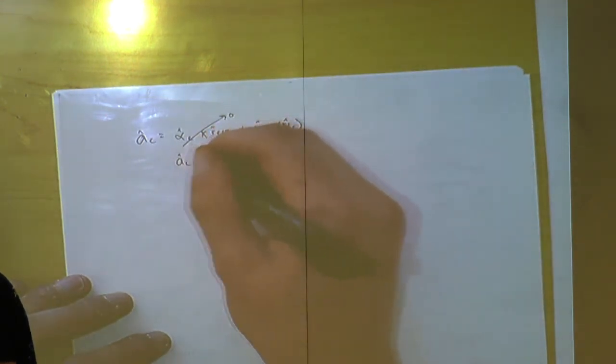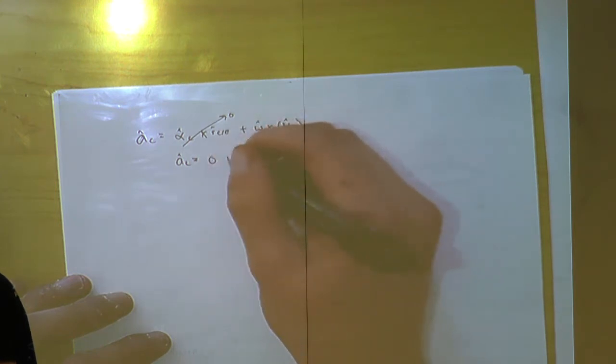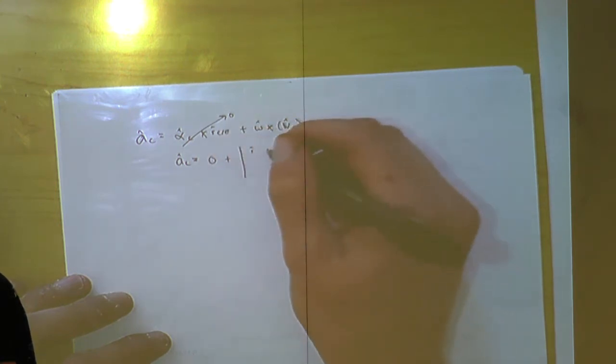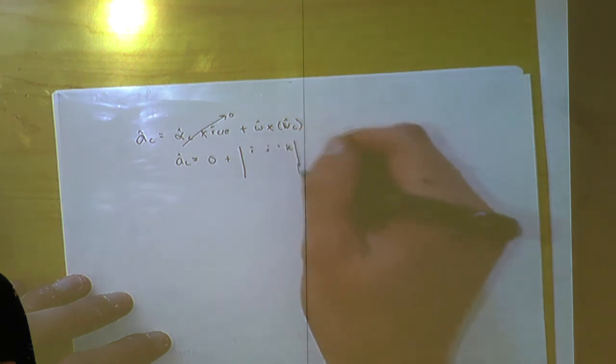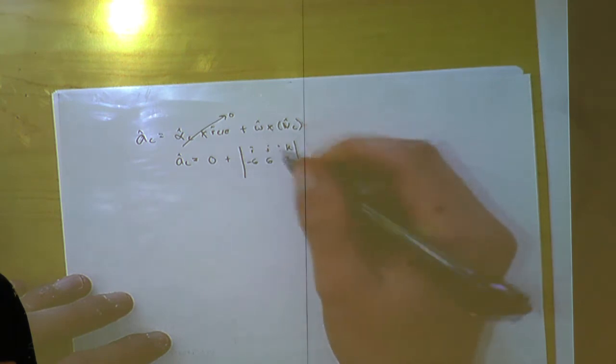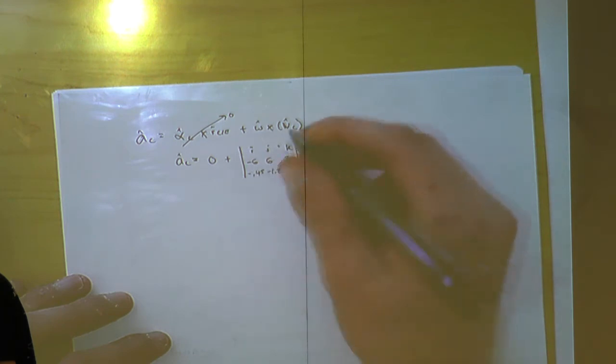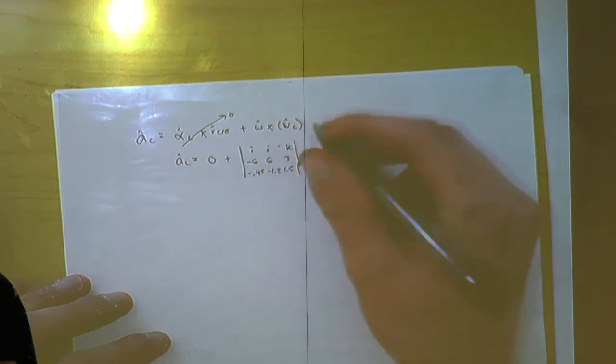So aC is equal to 0 plus i, j, k, negative 6, 6, 3, negative 0.45, negative 1.2, and 1.5.